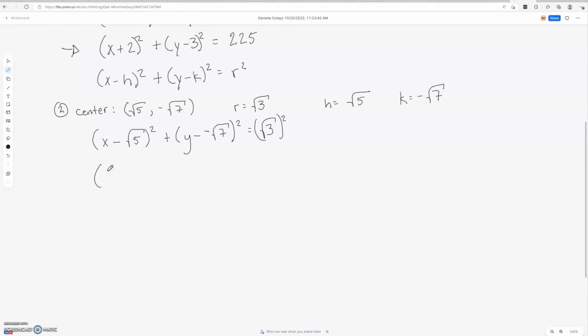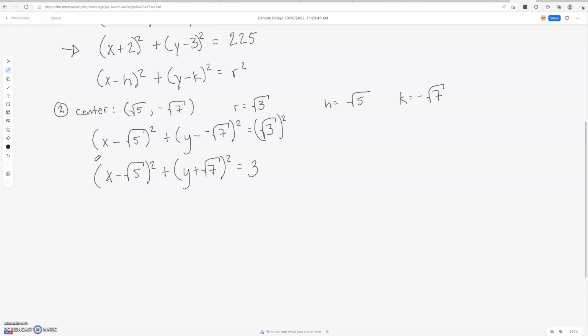Right? So this stays the same, (x minus the square root of 5) squared plus y minus a negative becomes plus a positive, so plus the square root of 7, squared equals the square root of 3 times the square root of 3, which would just become 3.